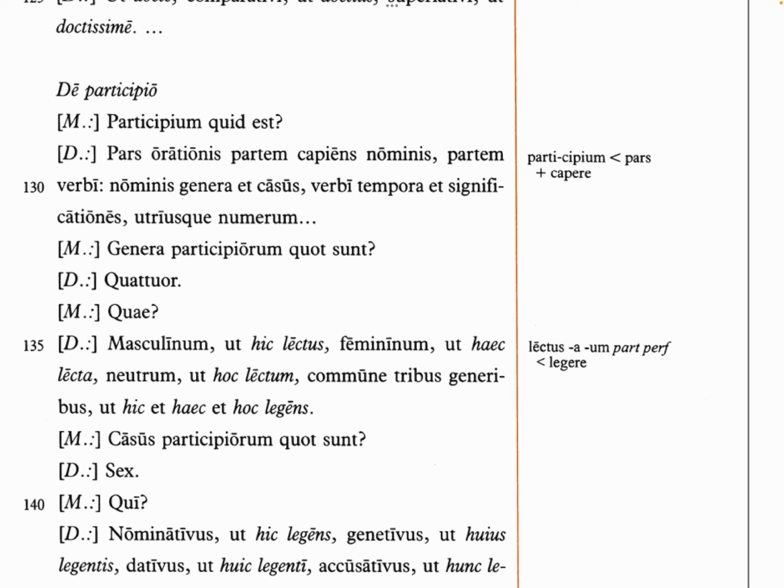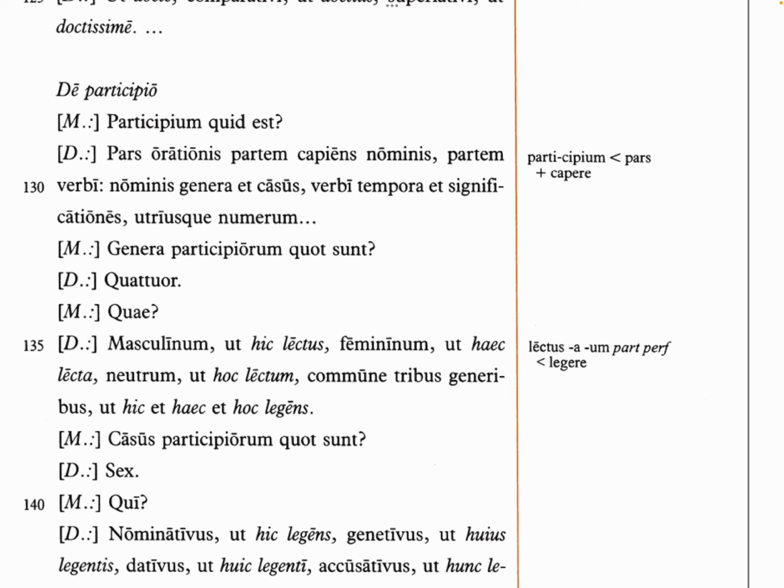Okay, so it's sort of partly like a noun slash adjective and partly like a verb. Nominis genera, the genders of the noun or adjective, et casus, and the cases, verbi tempora et significationes, the times or tenses and meanings of a verb, utriusque numerum, the number of each of them, that is, of both the noun and the verb.